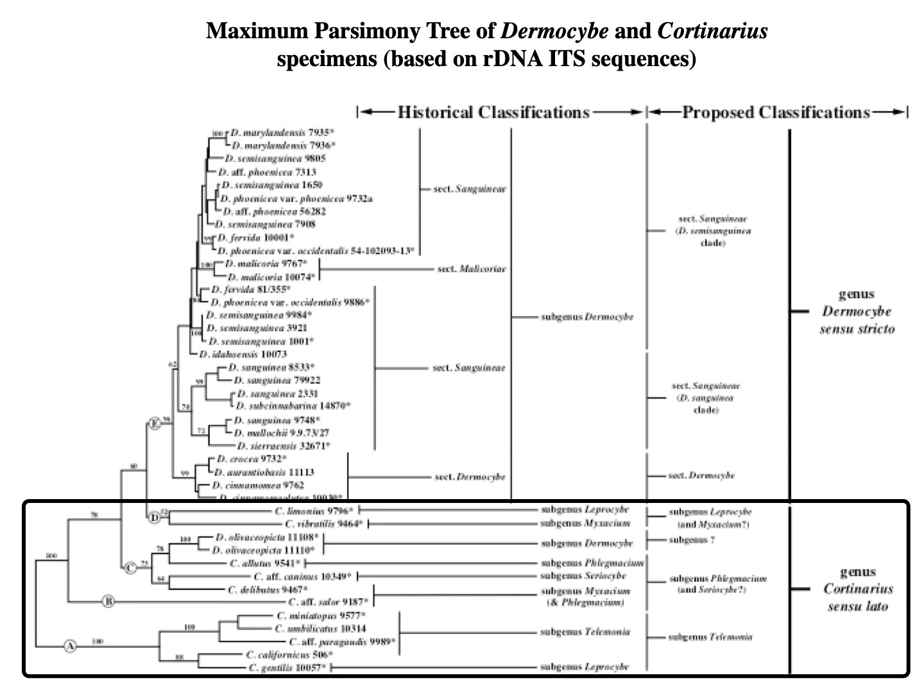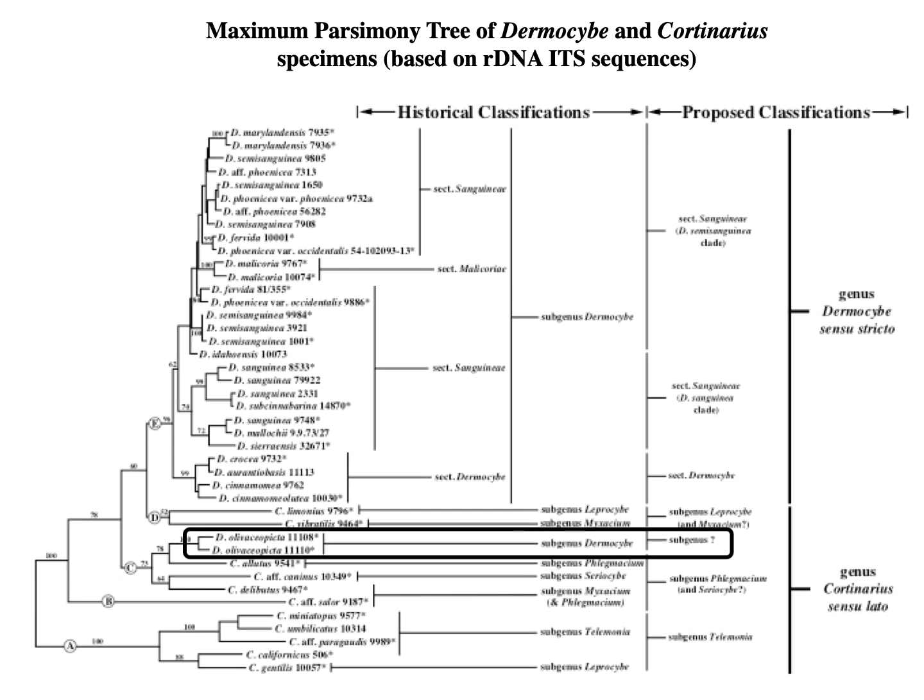And then down here within the genus Cortinarius, there were several different subgenera that had been proposed previously. We accepted some of those, and others of them seem to be lacking in definition. And then there are these two here. These are within subgenus Dermocybe.